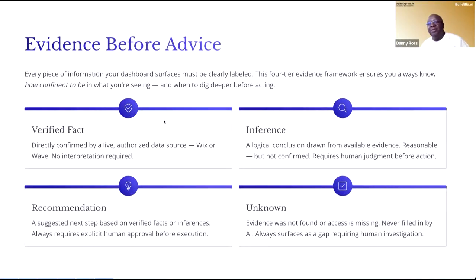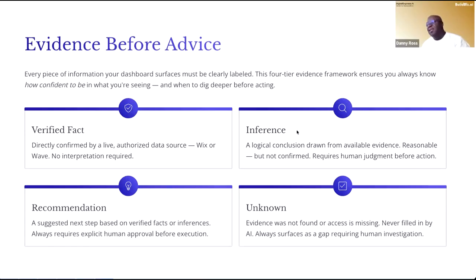Evidence before advice. This is where you have to be on top of your AI. You have to be making sure that everything that you're doing, the AI is being monitored, controlled, so that even though it is going out and doing tasks on your behalf, those tasks are verified. The sources. It's okay for it to bring in that verified fact.